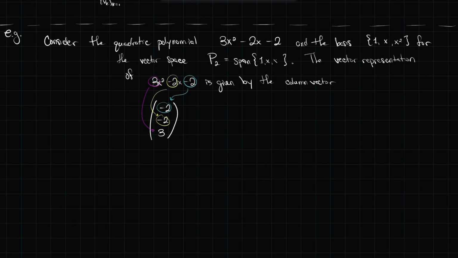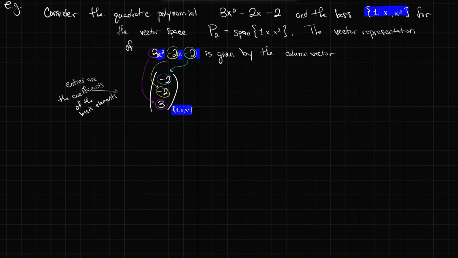It gains the subscript 1, x, x squared, where the subscript is the basis. So this is the basis that I started with. And the reason I was able to write it like that was that these are the three basis entries. So the elements inside of here are the coefficients of the basis elements. I just extracted the coefficients of the basis elements to give myself a vector representation.